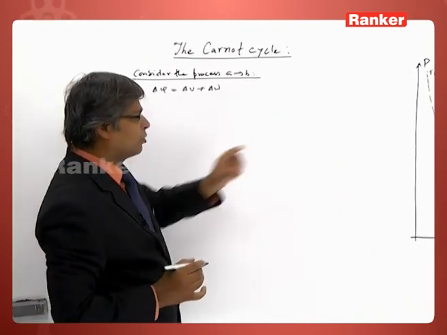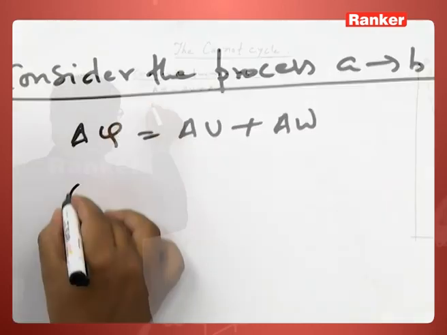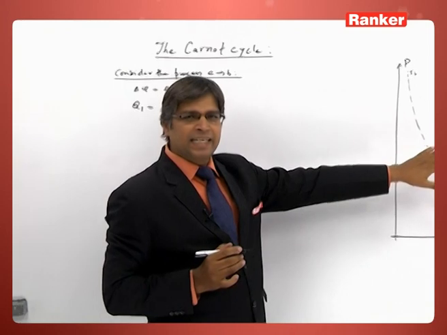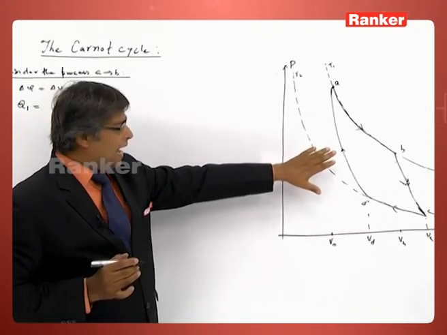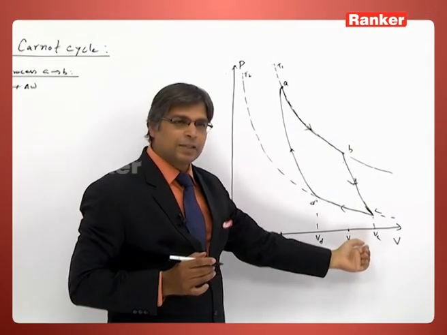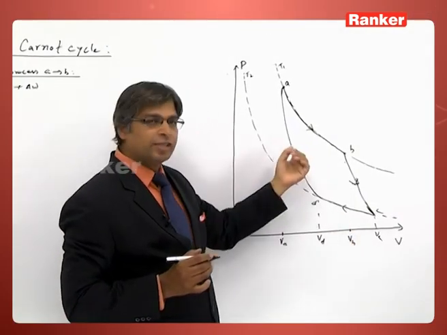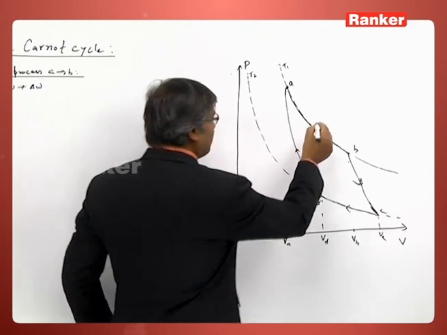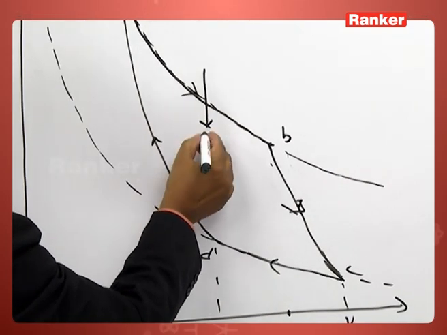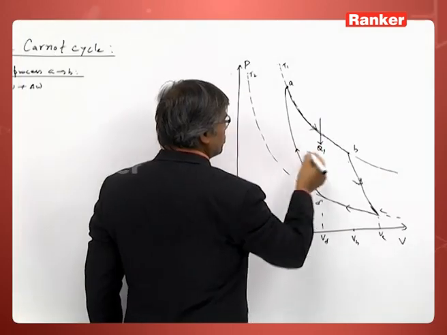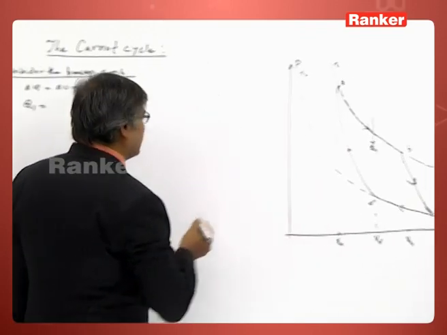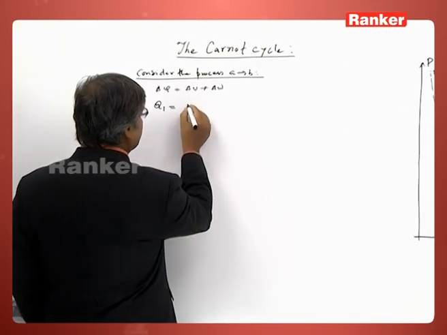This process A to B is isothermal. Since temperature is not changing and the volume is increasing, the system is doing work. This is only possible if heat comes from outside, Q1. So let us assume this Q1 heat comes from outside.